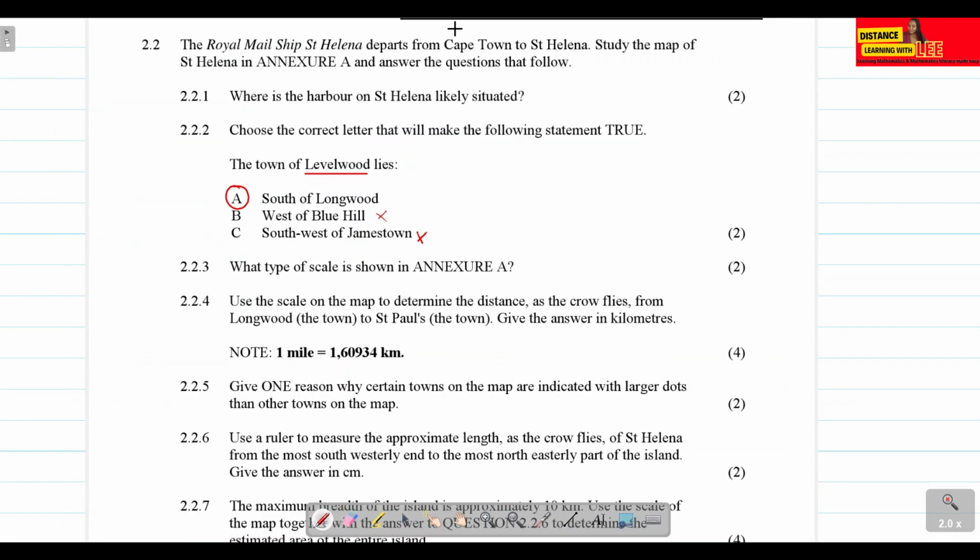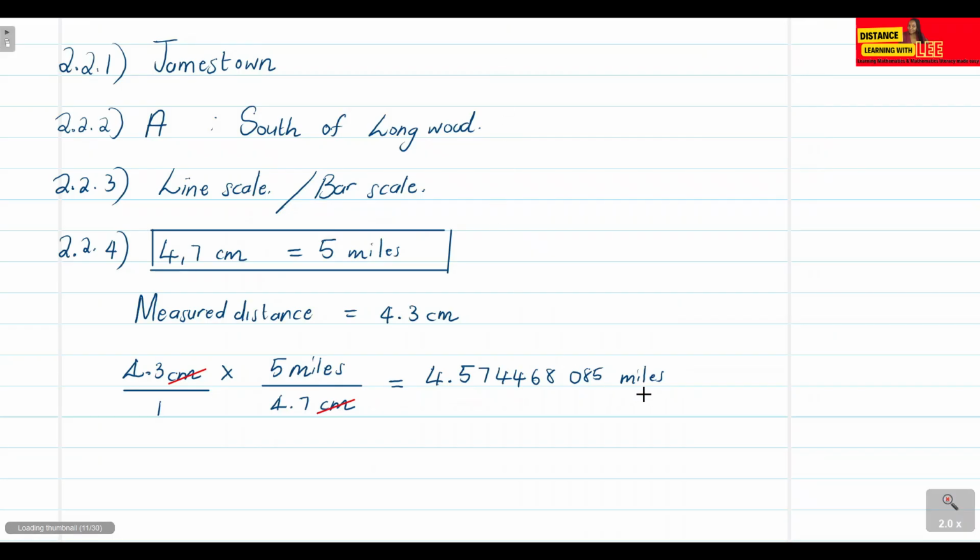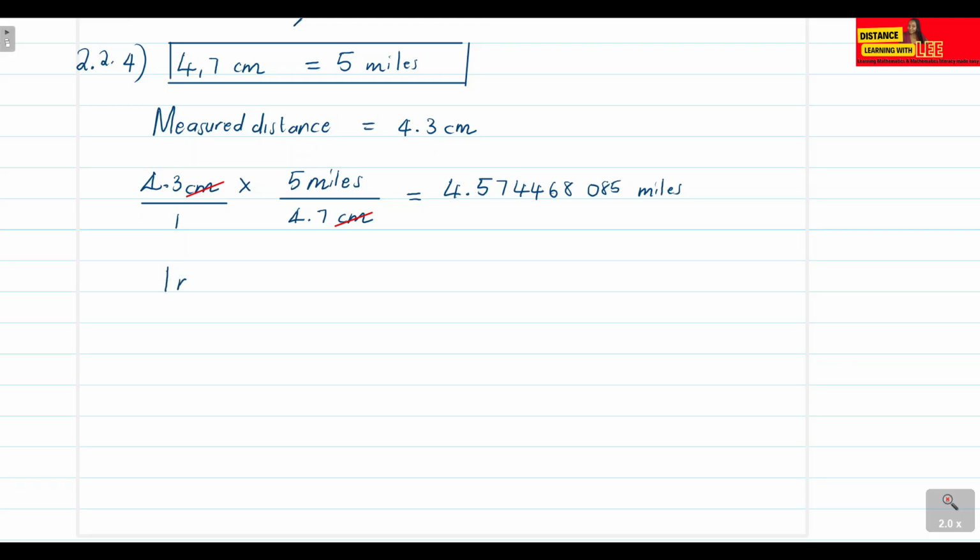However, the question is asking me to give the answer in kilometers, and we are told that 1 mile is equal to 1.60934 kilometers. So we still need to convert these miles to kilometers.